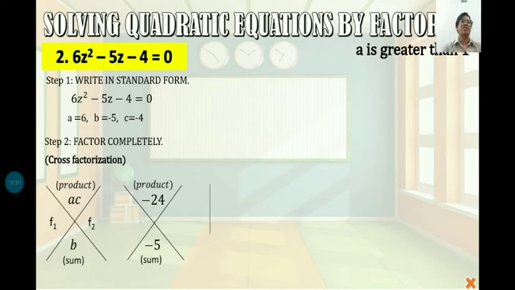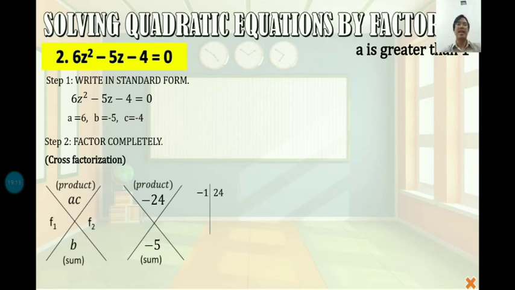Now let's get the factors. Since the product is negative and the sum is also negative, we are looking for a positive and a negative factor. I repeat, since the product is negative, we are looking for a positive integer and a negative integer. Let's start. Negative 1, positive 24.